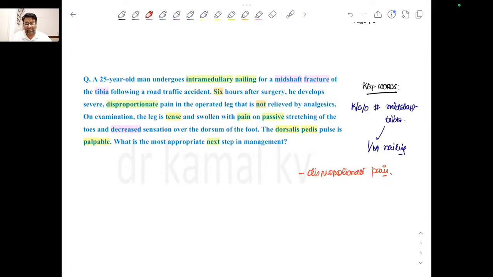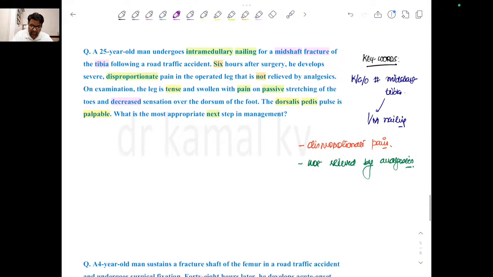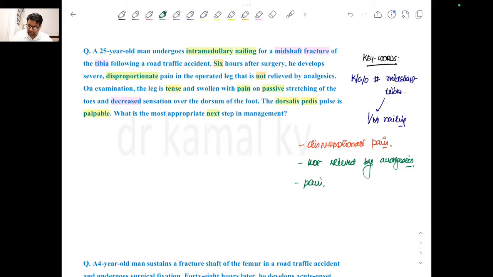So disproportionate pain. Second, not relieved by analgesics. You give painkillers, but hardly 30 minutes to 1 hour later the patient starts shouting again. Then there is pain and swelling over the affected limb, but most characteristically there is pain on passive stretching of the toes. The moment you dorsiflex the toes, the patient will have severe pain.